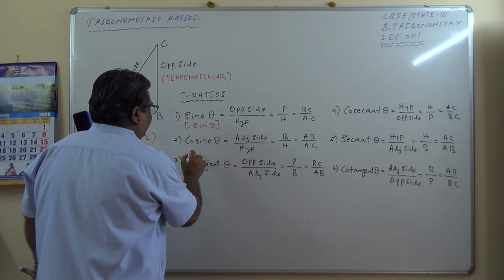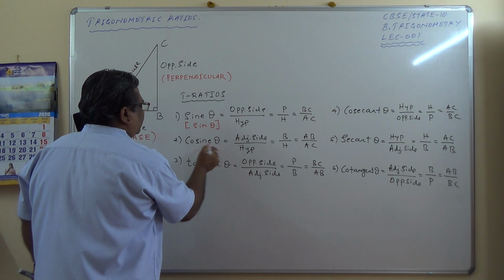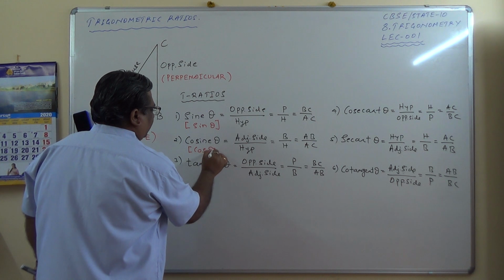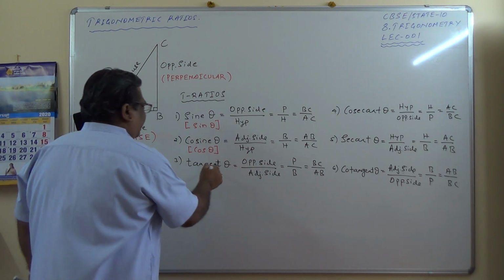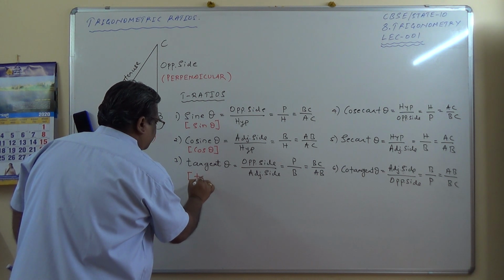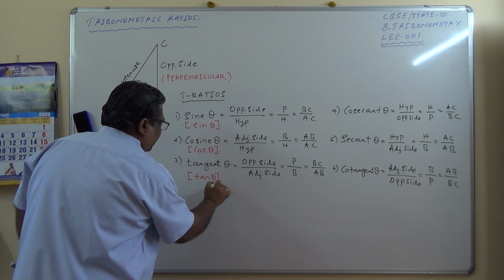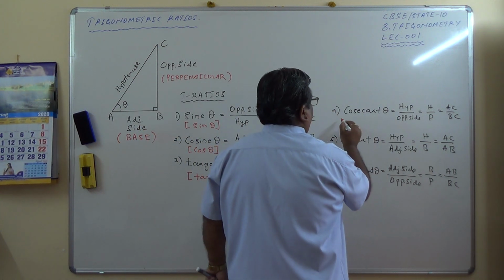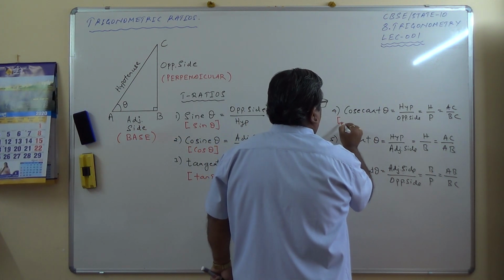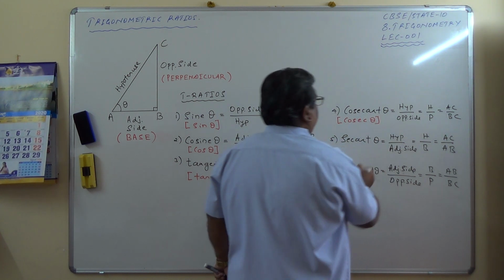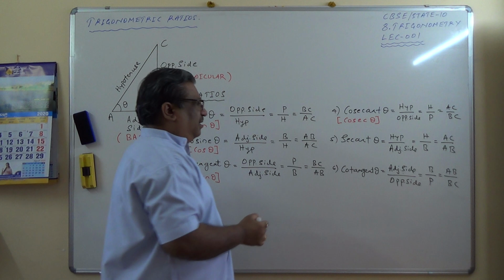And cosine theta is written as cos theta. Tangent theta is written as tan theta. These are abbreviations. Cosecant theta is referred to as cosec theta.